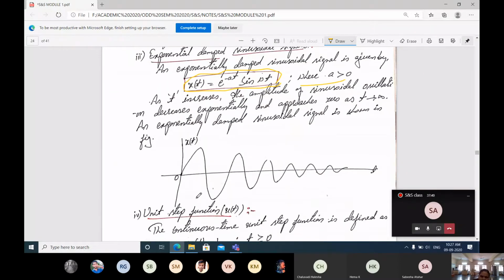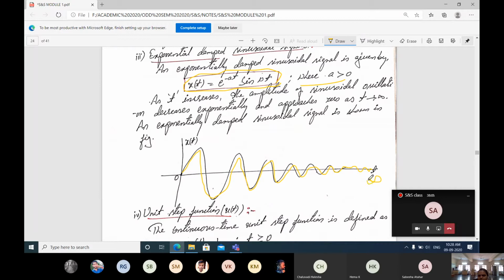Observe here the diagram. As t is going on increasing from 0 to infinity, the signal keeps going. What is the operation going on? It is going on decreasing, and it reaches 0 when t reaches the infinite value.